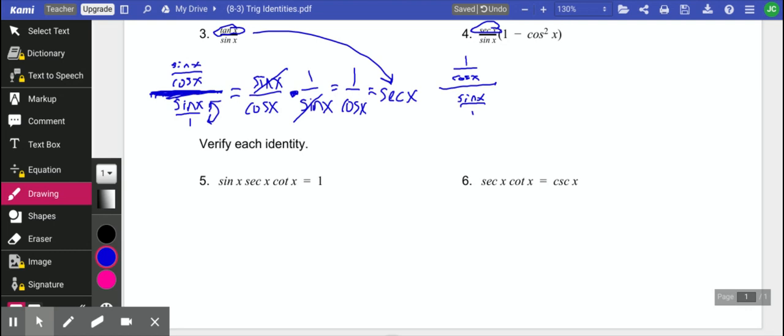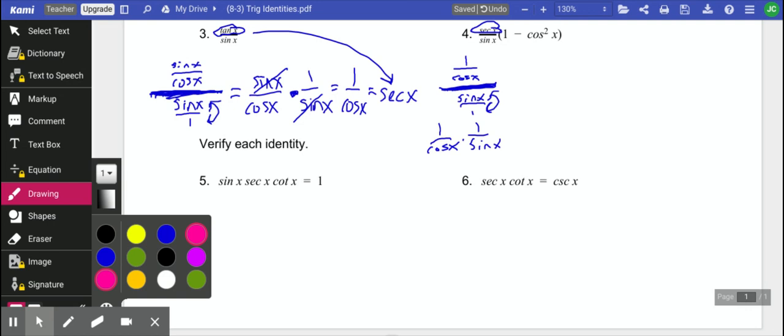Okay, now I know I still have that stuff in parentheses. I'm going to come back to that. Now this is one of those fraction divided by a fraction. So we'll take this first fraction, 1 over cosine, times, instead of dividing, we're going to multiply by the reciprocal, 1 over sine x. Okay, I'm just going to leave that alone.